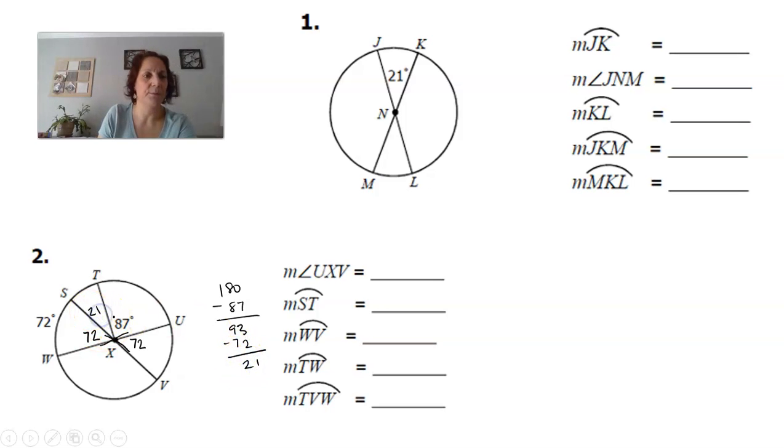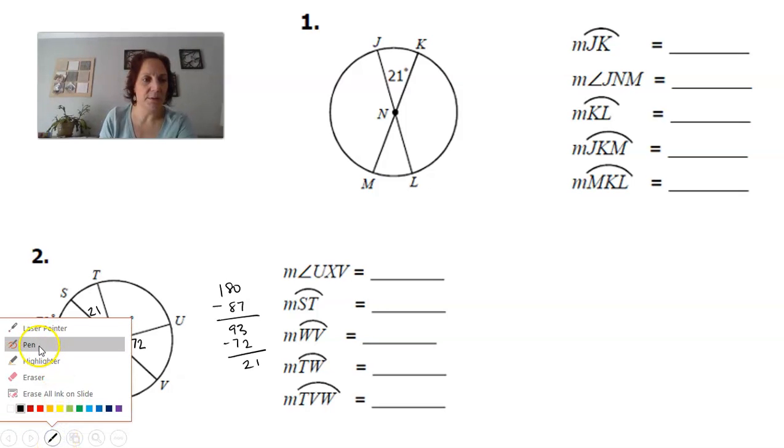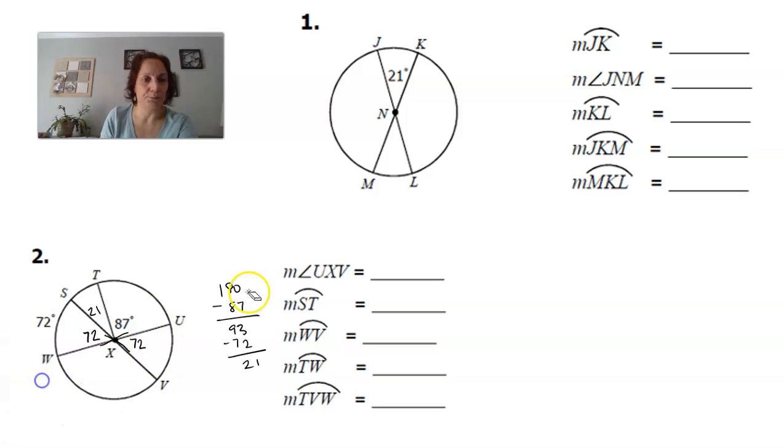That's 21. And then I could also get at this last angle down here by using the 180 thing, or we could do it by knowing that all those central angles have to add up to 360. So if I add all of these up, what's left out of the 360 has to be this angle.